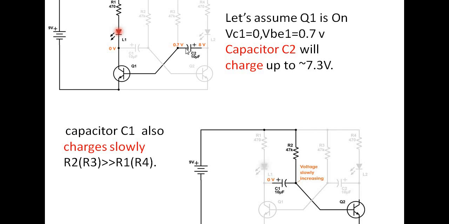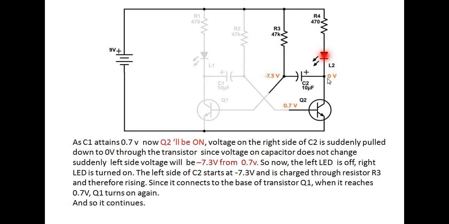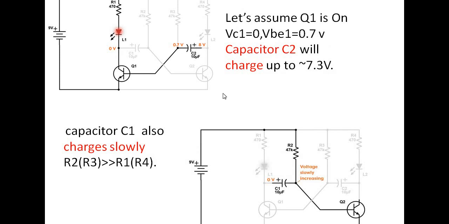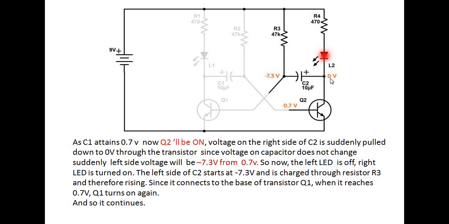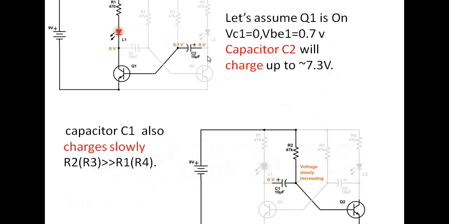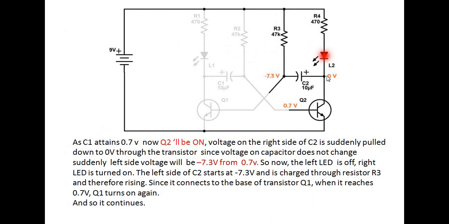So we are forcing one end of the capacitor to 0 volts. So the capacitor will take the same 7.3 and reflect it at the other end. Look at the voltage difference here, 8 minus 0.7, 7.3. In a similar way, look at the difference here, 0 minus minus 7.3, it is still 7.3. So here it is 7.3, here also it is 7.3. So the capacitor is not changing its voltage instantly. The capacitor is going with the same voltage.